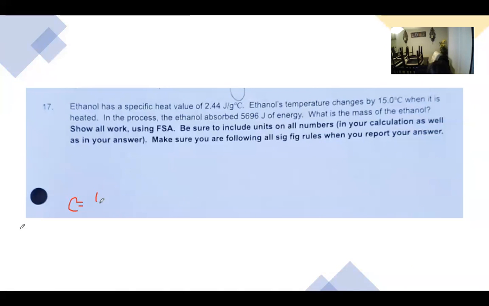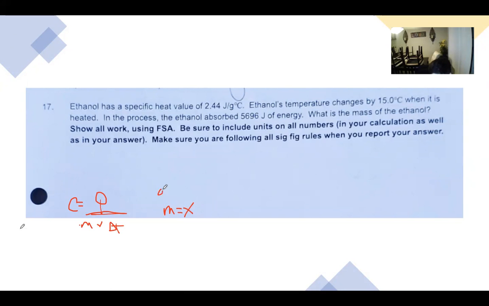Specific heat was C equals Q over the energy expression, which is mass times change in temperature. Now you're doing the same thing. You're now looking for mass. Mass is your x, right?